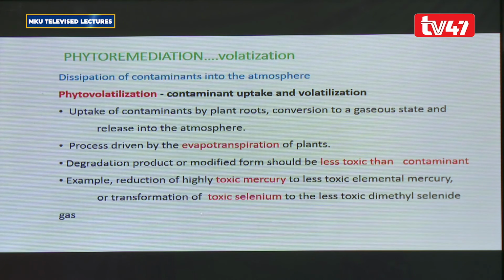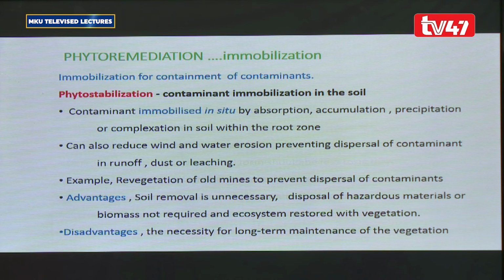An example I've given there is toxic mercury, which is converted to elemental mercury, which is now less harmful. Toxic selenium is converted to less toxic dimethyl selenide gas, which is released from the plant. So it is taken up by the roots, metabolized within the plant, and then dissipated into the environment in a less harmful way by the leaves of the plant.